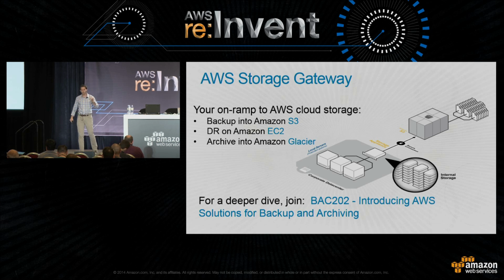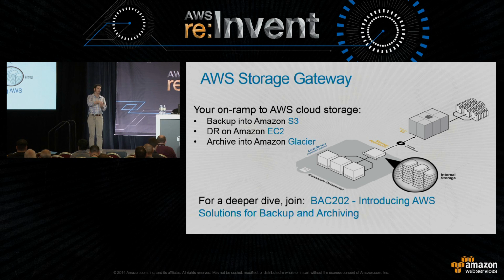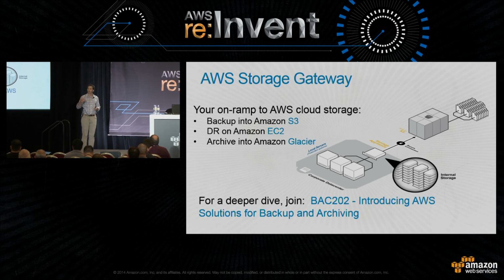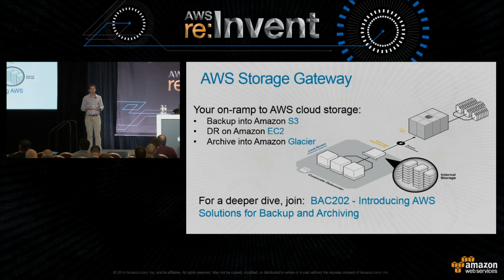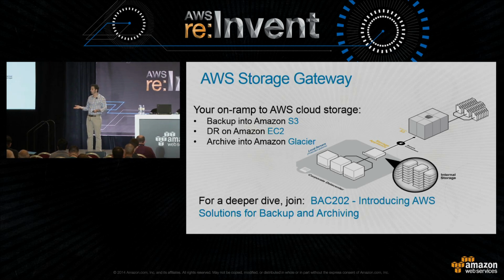The way the Storage Gateway works is it basically gives you an on-ramp or an endpoint inside your data center that allows you to upload data to S3 and to Glacier. You go on our website, you download a virtual machine, you can have a 60-day free trial to test this out, and you drop it into an ESX server or into a Microsoft Hyper-V server.